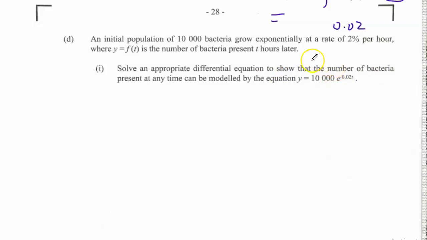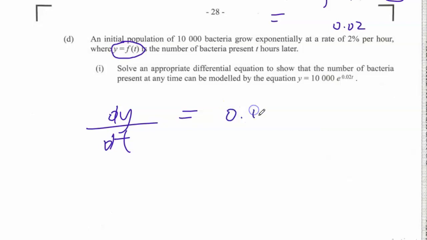Now, what is y? y is the number of bacteria present, so it gives us a function, and it changes at 2% per hour. Which means that dy by dt, the change in the bacteria population over time, is 2%, that's 0.02, times the population, which is y.